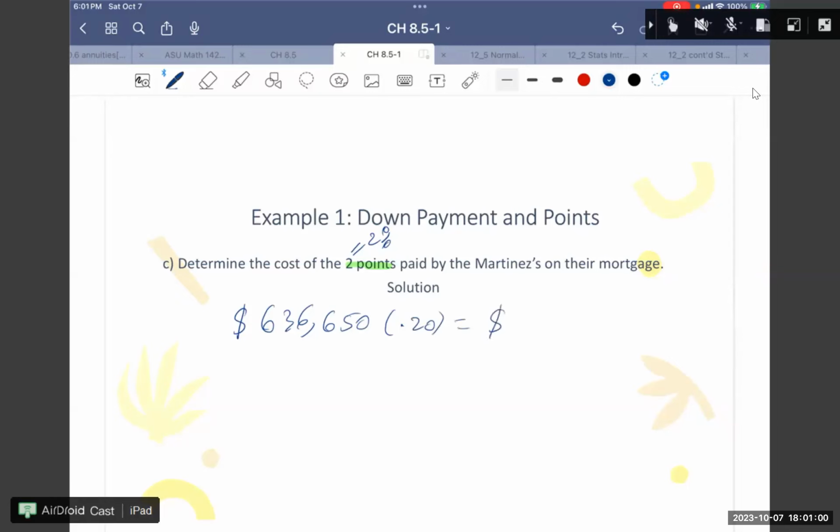So we take $636,650 times 2%, which gives $12,733. This is the closing cost. We expect to pay a closing cost of almost $13,000, which is $12,733.